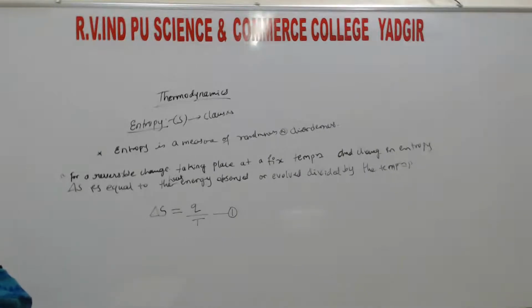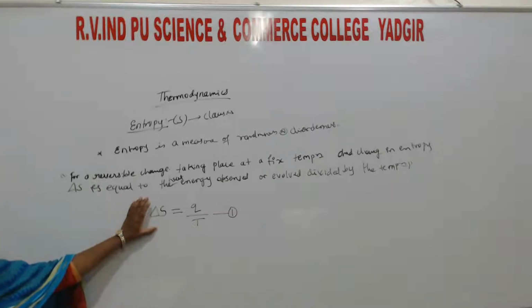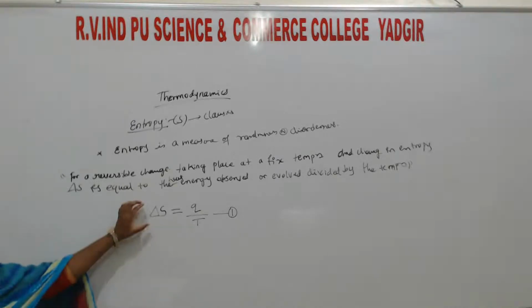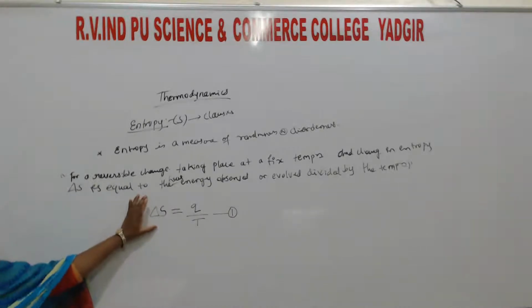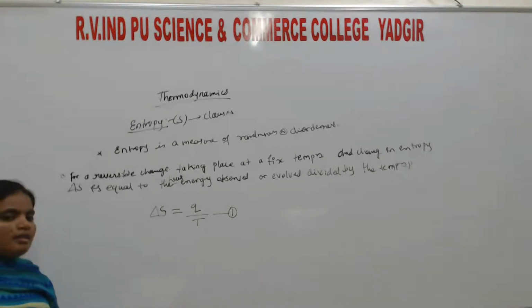Then if heat is evolved, delta S gets a negative value, and there will be a decrease in the entropy.